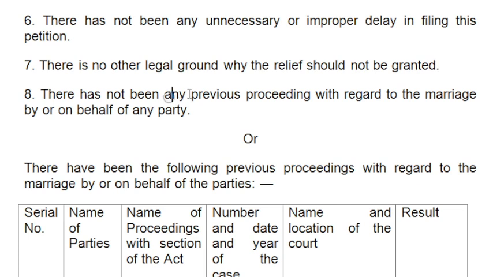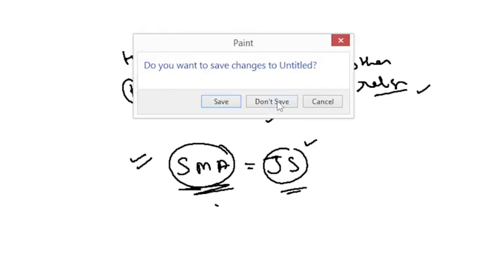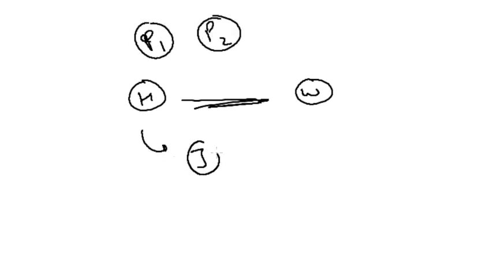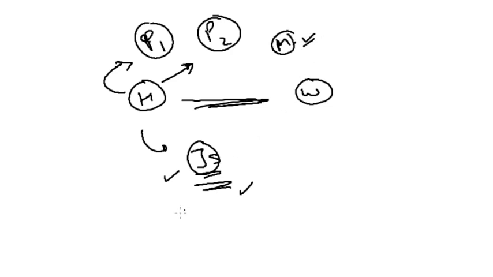After that, let me just tell you, if there is husband and wife and any other proceeding is going on, let's say P1, P2, and then the husband files the petition for judicial separation, then under this petition the husband has to mention that two other proceedings are already going on, regarding any other matter but related to matrimonial matters, related to marriage.